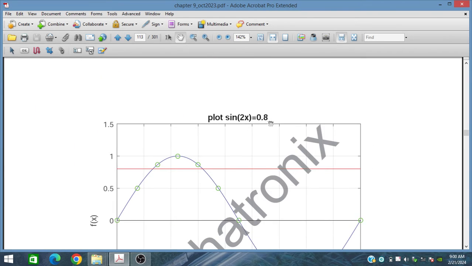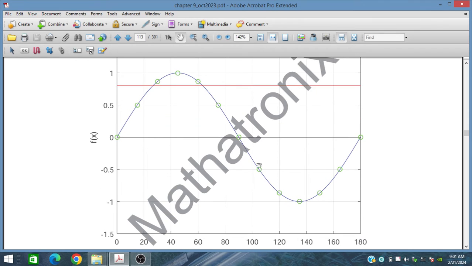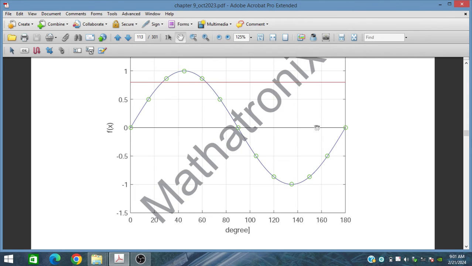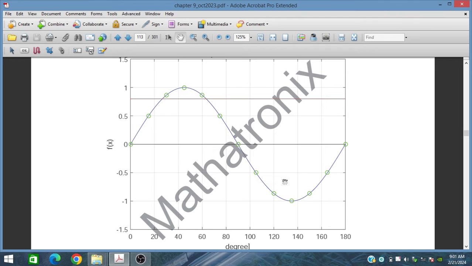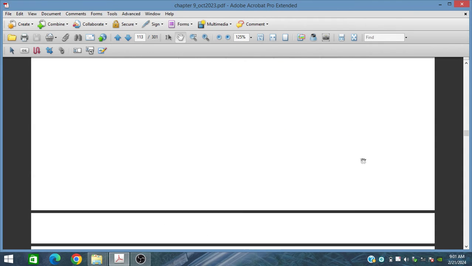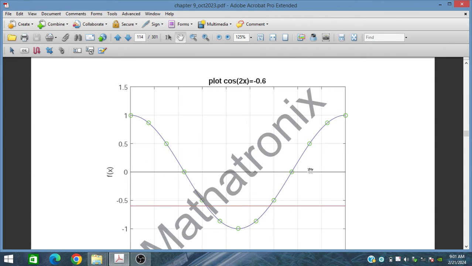Now sin 2x is 0.8, and we have drawn it here, and here we see it in this band. Similarly for cos 2x equals minus 0.6, it is in the second and third quadrant. This is first quadrant, this is fourth quadrant, second and third quadrant.